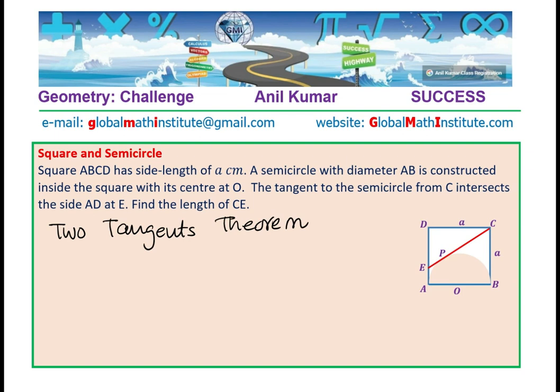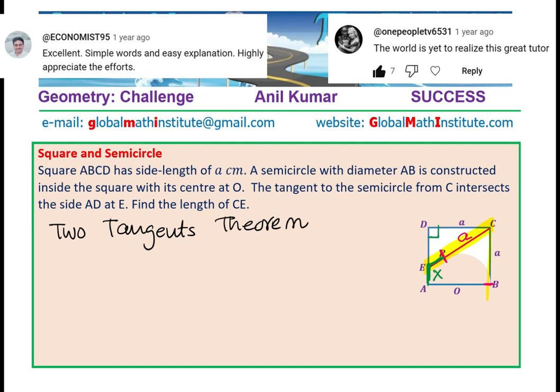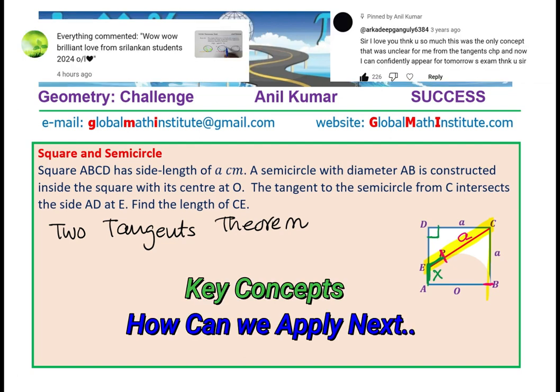We identified that this tangent from C and then that tangent will have the same length, C to P and C to P, right? And that means this is A. And the other tangent we identified was from E itself. So from E to P and E to A, they also have the same length X. And that helped us to find the sides, finally, using the Pythagorean theorem.